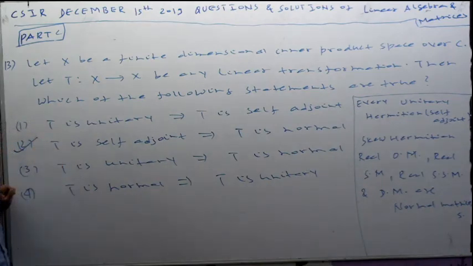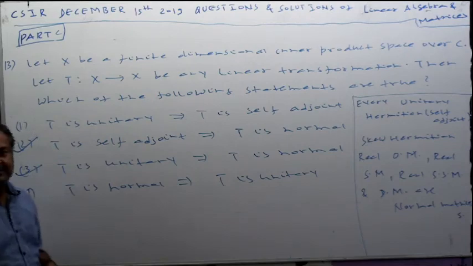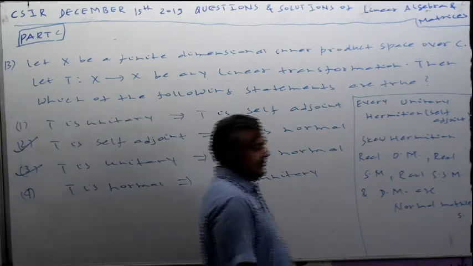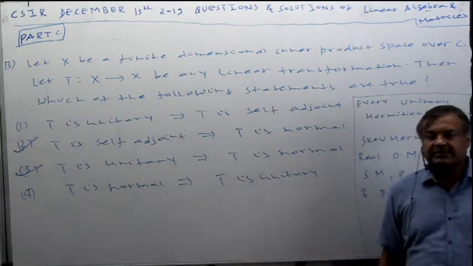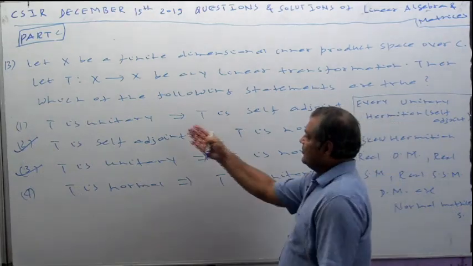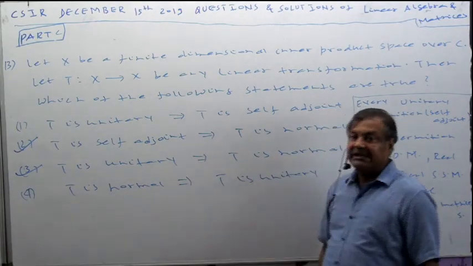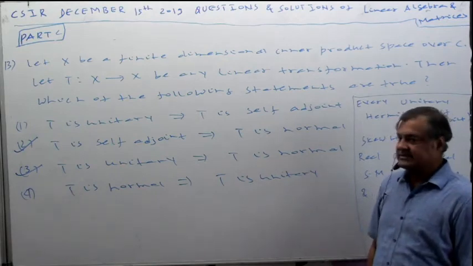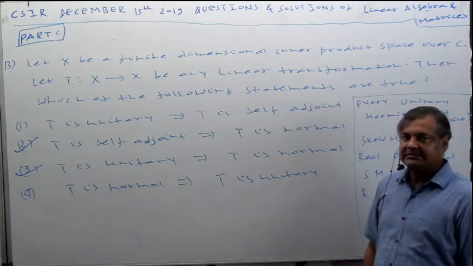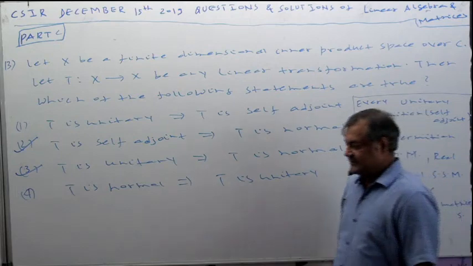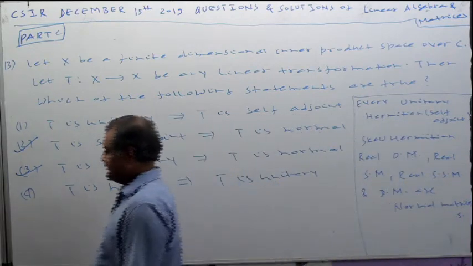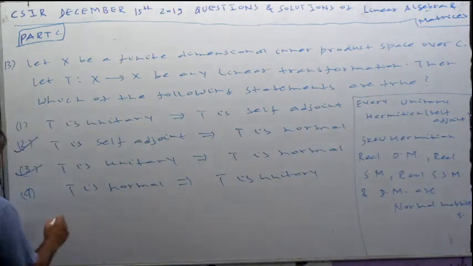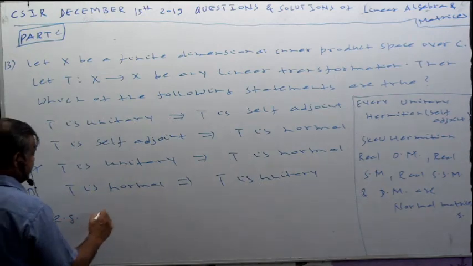T is unitary implies T is normal. But T is unitary implies T is self-adjoint need not be correct, because a unitary matrix need not be a Hermitian matrix. You are full of examples. You don't have to bother. Are you happy with this? For example, one contradiction I will give you.